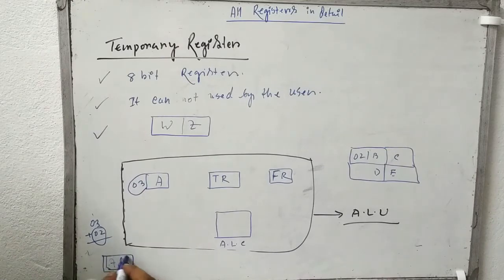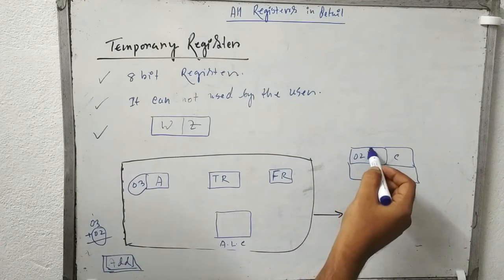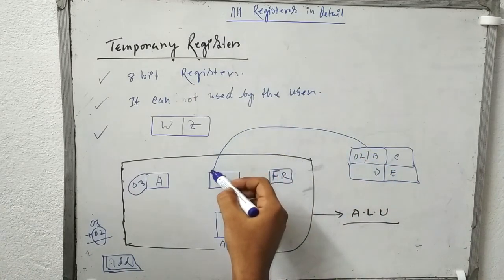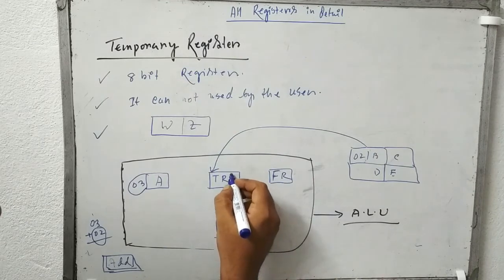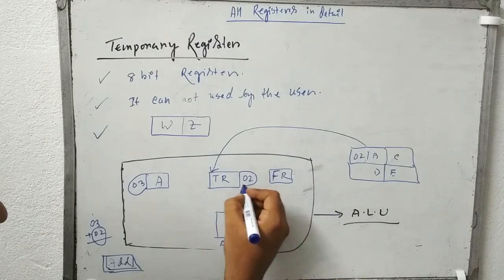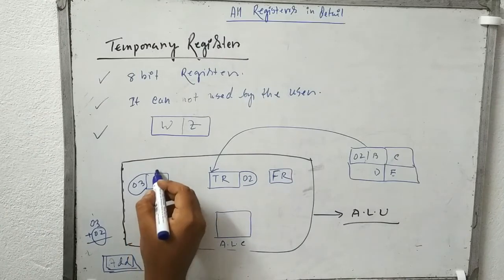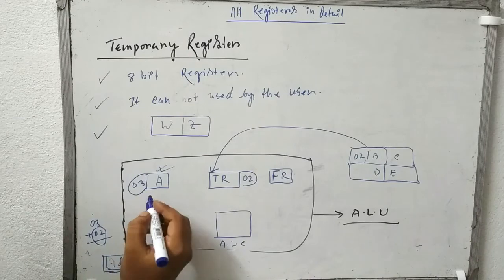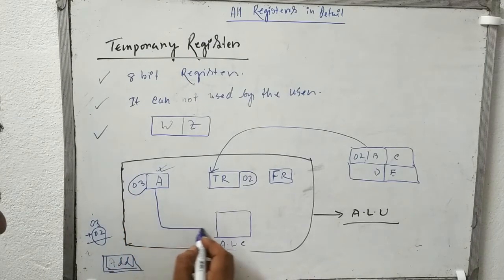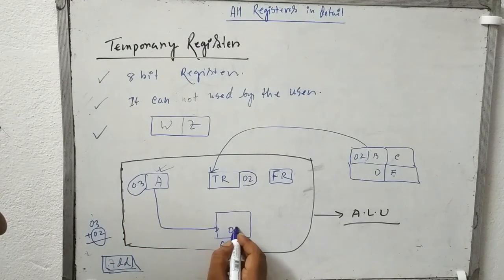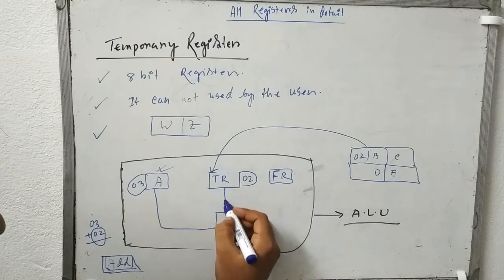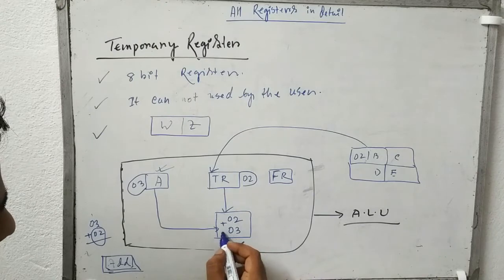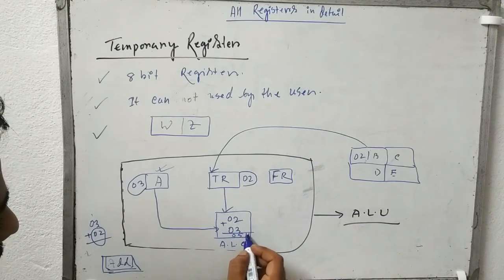So then what it will do is transfer the operand from the B register to the temporary register. Here 02 will be stored, and the other operand was already stored in the accumulator. Then this operand, 03, will first go to the arithmetic logic circuit, and the next operand will come from the temporary register, 02, and they will be added, and 05 will be the answer.